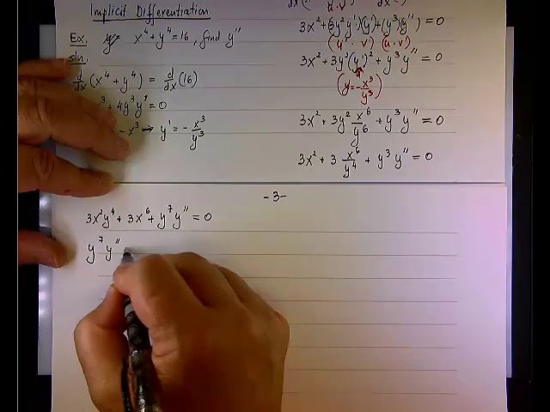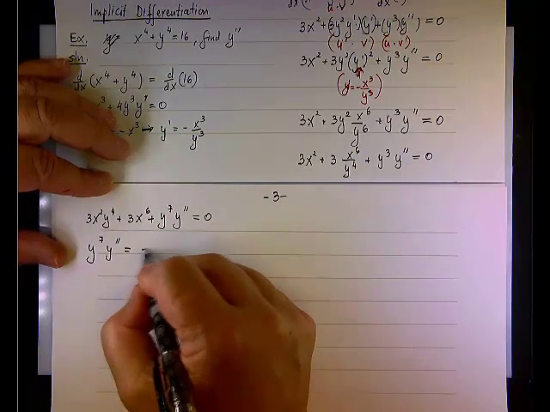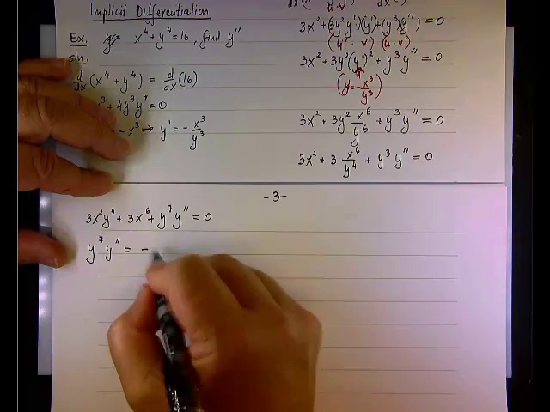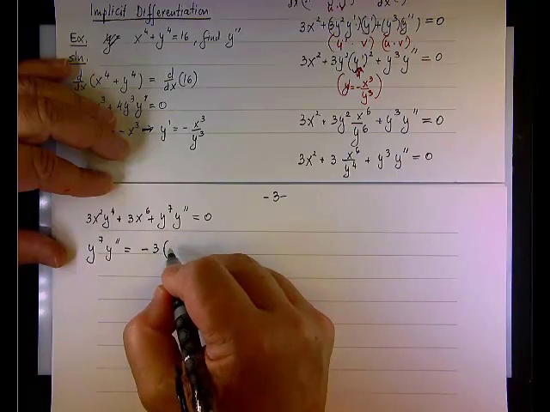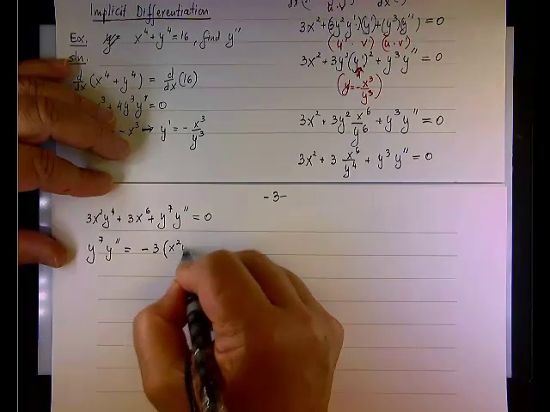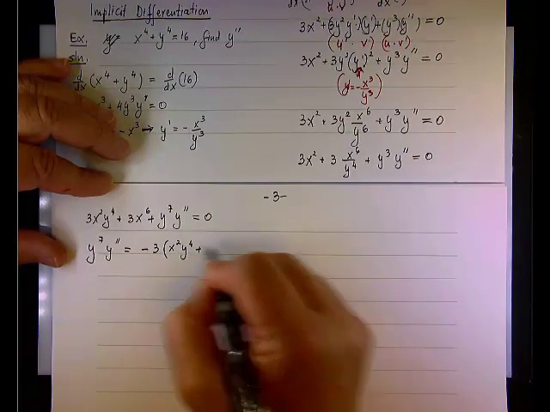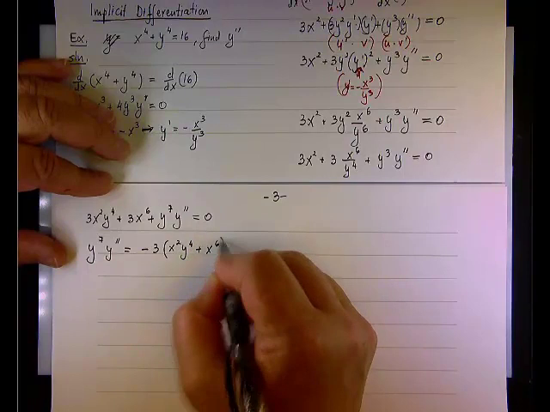Y to the 7 times y double prime equals negative, we can write 3, pull it out and get x squared y to the 4th plus x to the 6th.